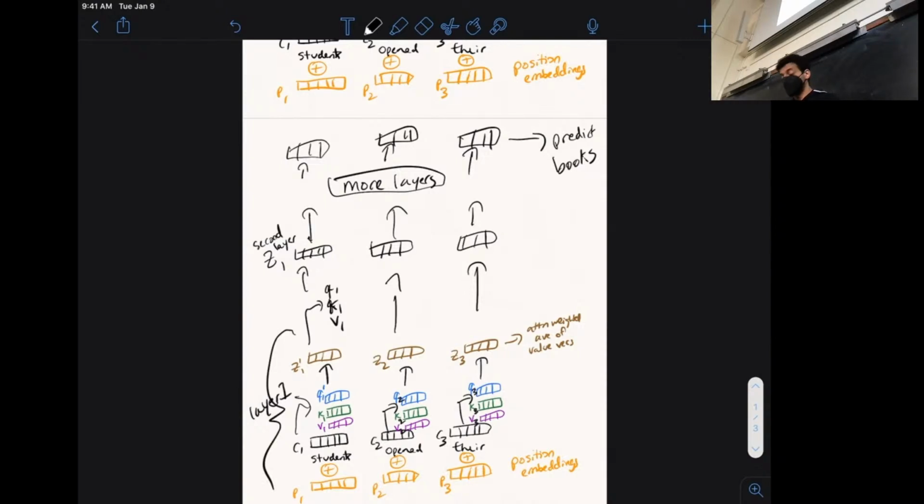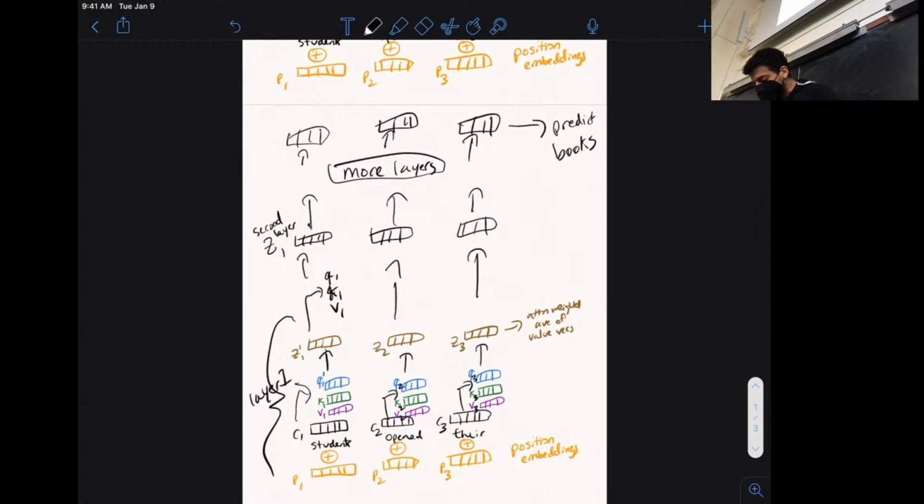After the first layer, the input doesn't have a one-to-one correspondence with the word at that position. This Z sub i at position 3 has information about the entire sequence, students open there. So as you stack these layers, the model is contextualizing information from across the entire prefix up till that point.